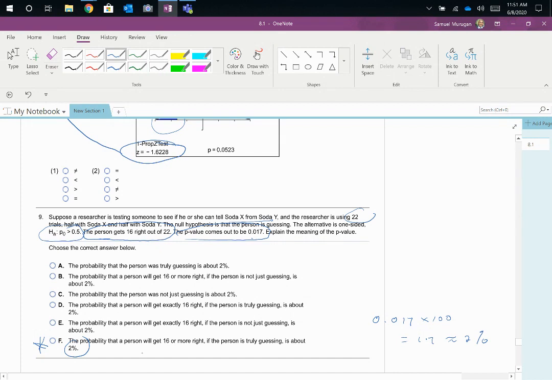So the probability that a person will get 16 or more right if the person is truly guessing is about 2%. See what happened there? There's only a 2% probability if this person is guessing that they will get 16 or more right, that they will guess Coca-Cola instead of Pepsi 16 or more times correctly.